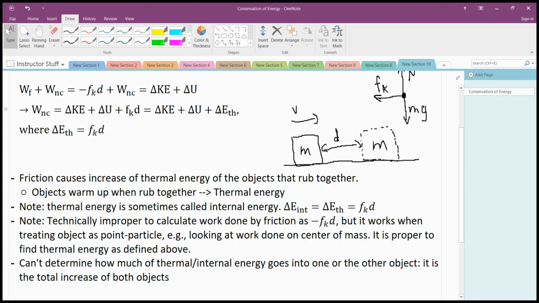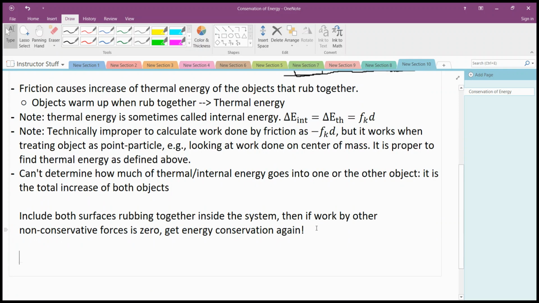So, if you include both surfaces inside your system, then you will get this kind of equation. You'll have the work done by non-conservative forces on your system. It's change in mechanical energy plus change in thermal energy. This means if the work done by the other non-conservative forces is zero, you will get energy conservation again, simply by including both surfaces that are rubbing together inside the system.